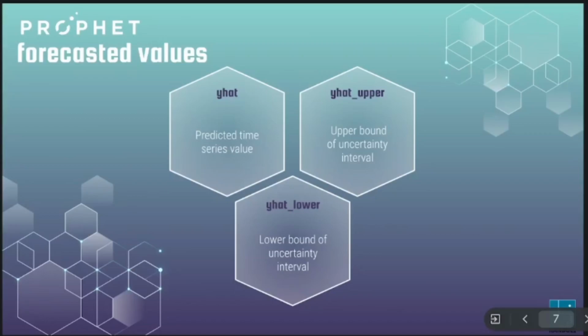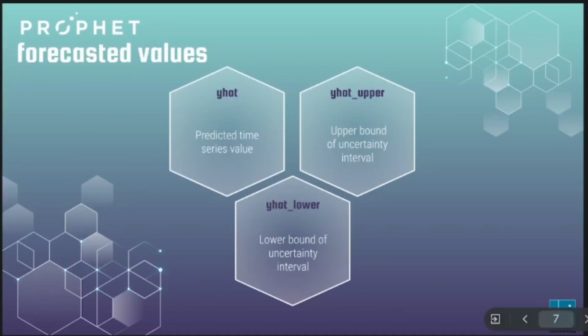The following are the forecasted values used to predict. The first is yhat, used to predict the time series value.